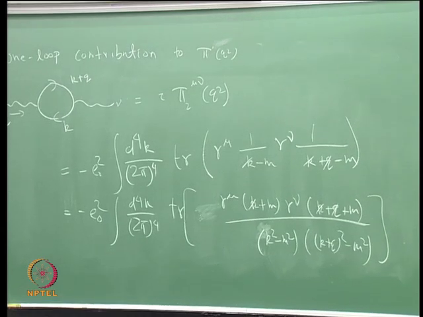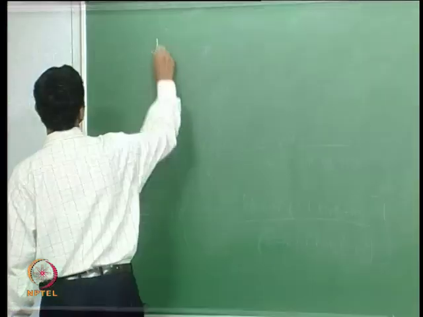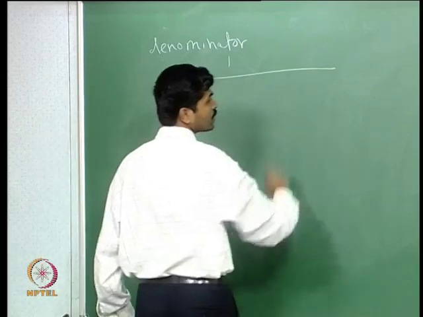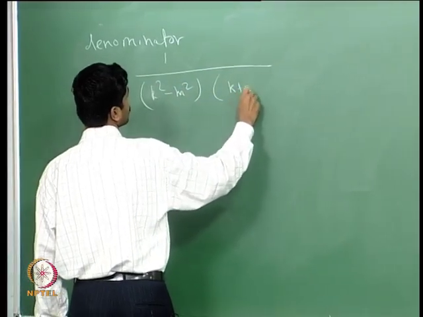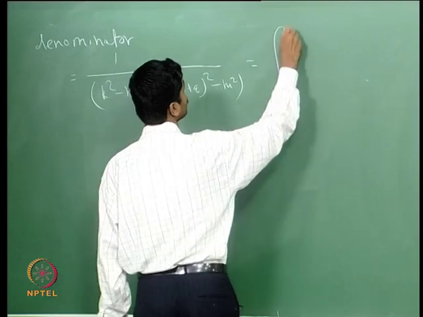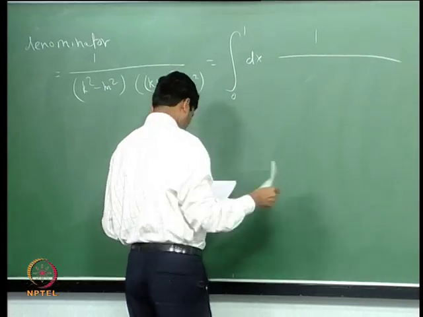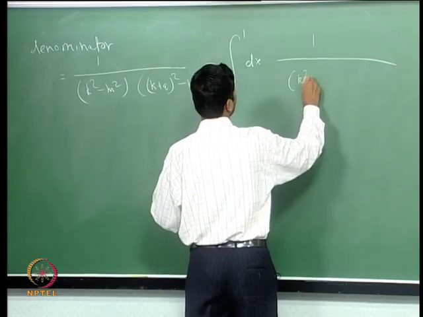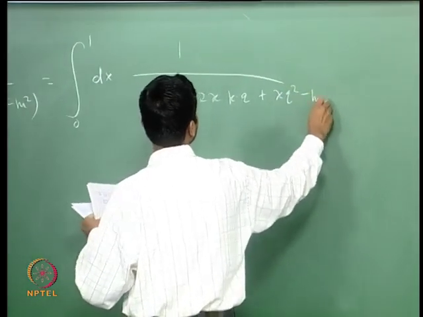So, let us do that. The denominator is given by one over k squared minus m squared times (k plus q) whole squared minus m squared, and this quantity I will write as integration 0 to 1 dx times 1 divided by (k squared plus 2 x k dot q plus x q squared minus m squared) whole squared.